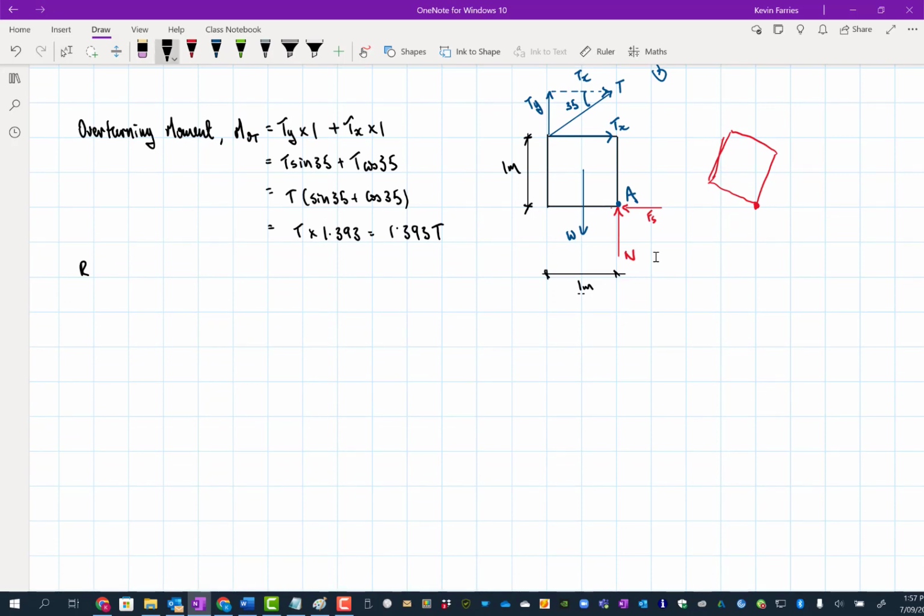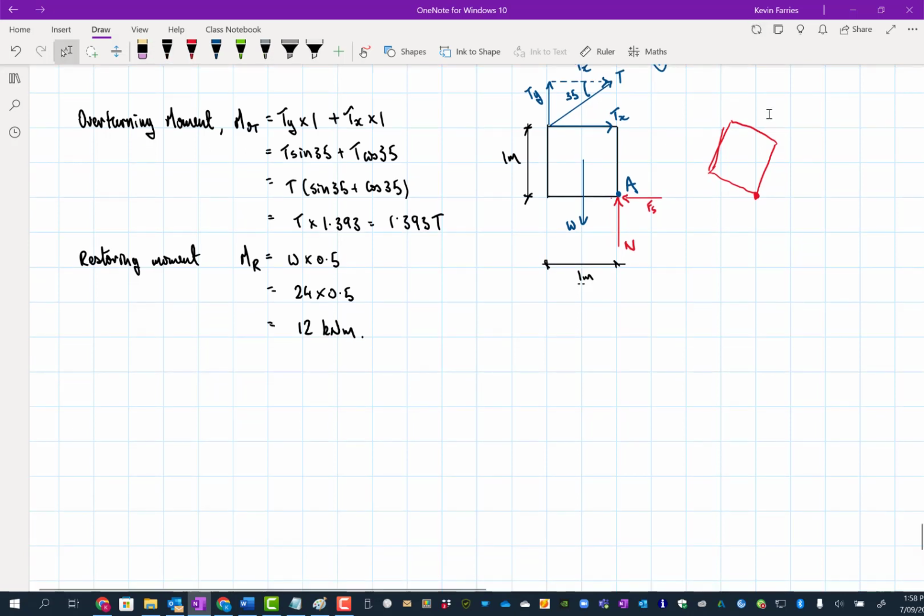Then we've got restoring moment, which we'll call MR. It's just equal to W times 0.5, which is 24 times 0.5, which is just going to be 12 kilonewton meters.